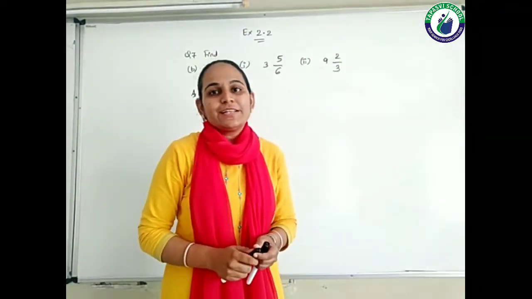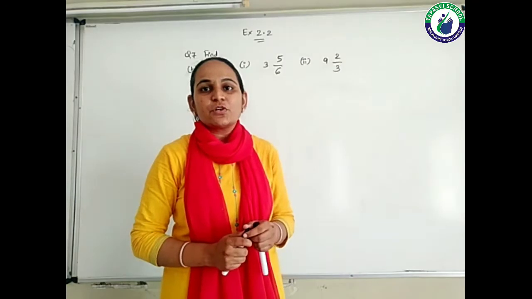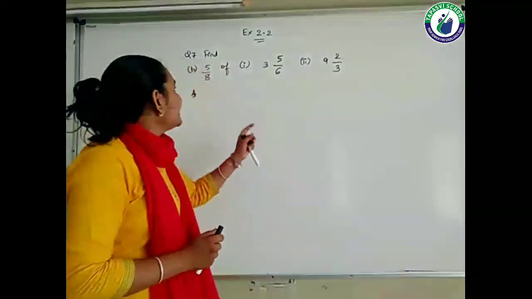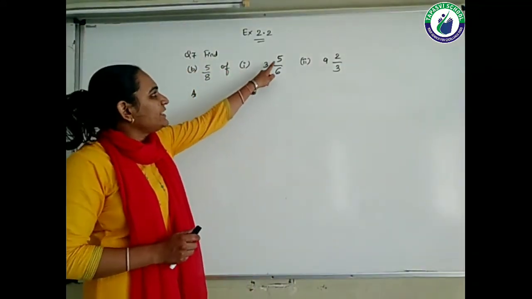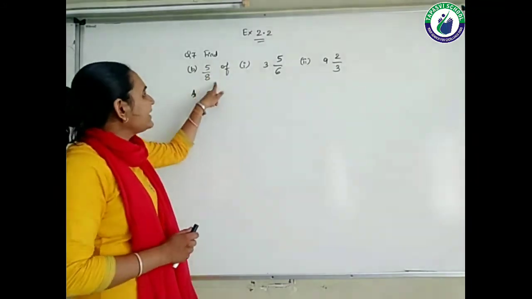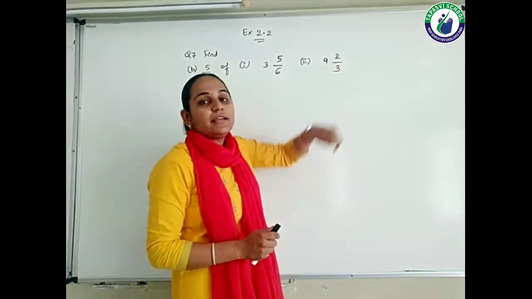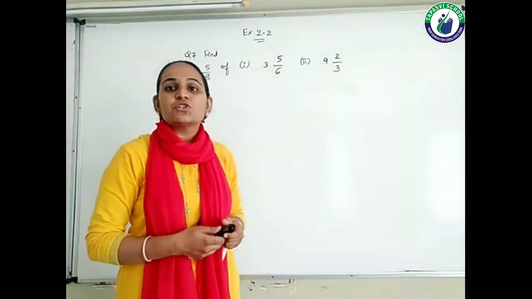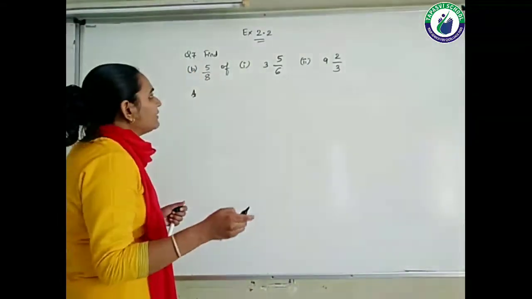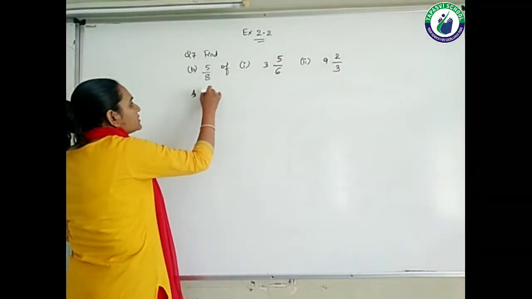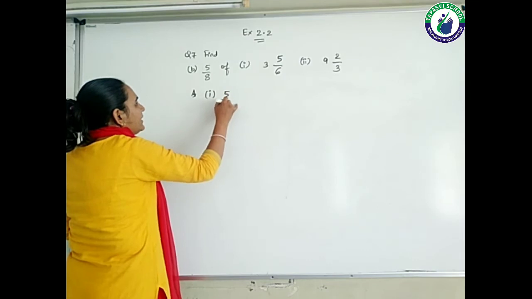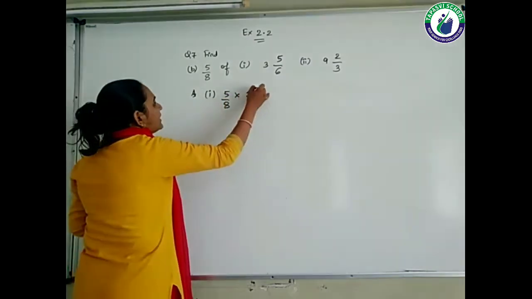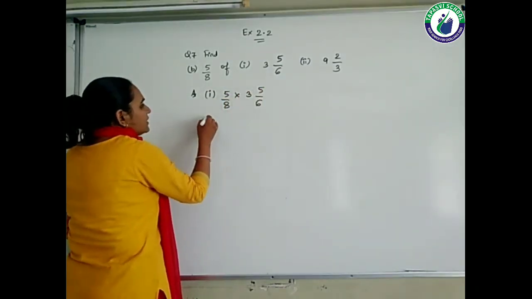Okay, students, now let's see the second question of question number 7, right? So 5 by 8 of 3 integer 5 by 6 and 5 by 8 of 9 integer 2 by 3. So that also we need to calculate. So have a look over here for the solution, students. First one is 5 by 8 multiplied by 3 integer 5 by 6, right?